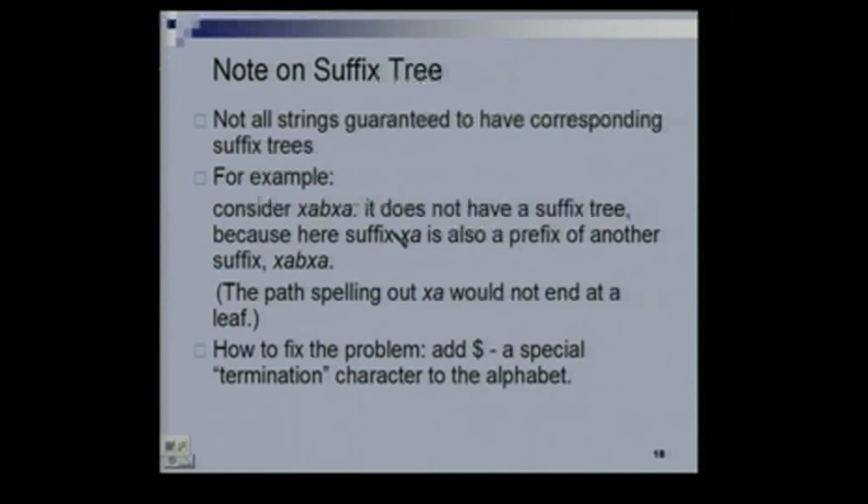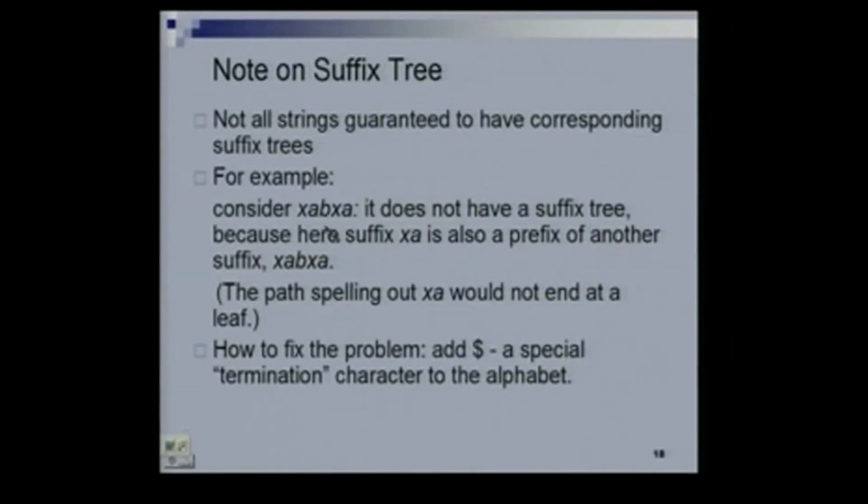This was the problem that someone had pointed out very briefly in the beginning. If one word in my trie is contained in another word, is a prefix of the other word, what happens? So the same thing, right? Suppose my text is XABXA.